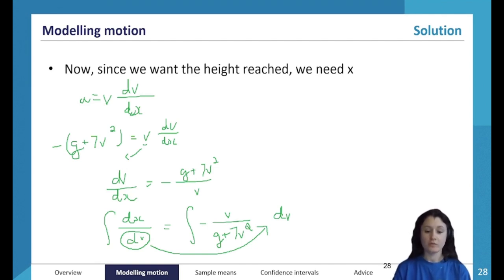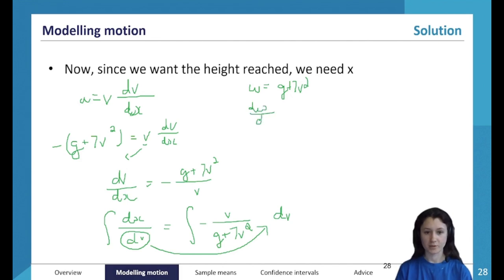Now, to solve this, I want you guys to think back to those integration methods that you would have learned towards the beginning of the year. And remember, you should always be looking out for components of a function that you're integrating that include the derivative, where the derivative of one part of the function would cancel out the other part. So here, if we do a little bit of nonlinear substitution, let w, whatever function you'd like, equal g plus 7v squared.